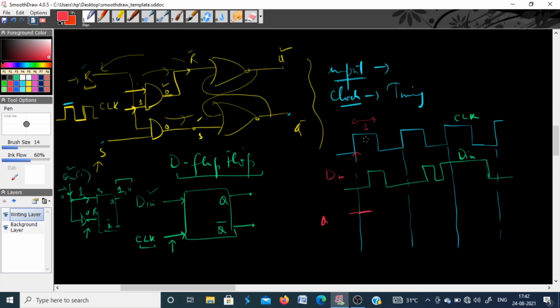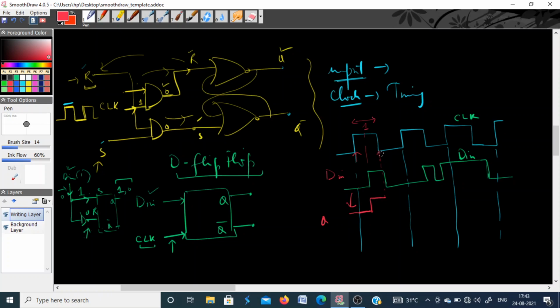While the clock pulse is still high, the input goes from 0 to 1, and your output will also go from 0 to 1. So this output will simply follow this input, tracing it only for the time the clock is high. Up to this point your clock signal is high, so up to this point your output will simply follow the input. So Q will change according to D.